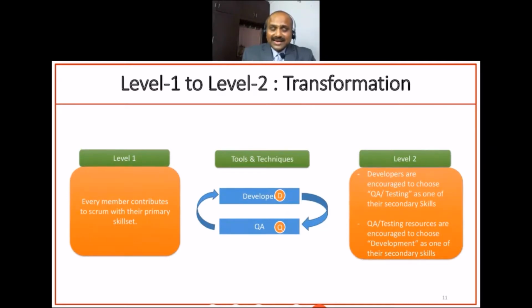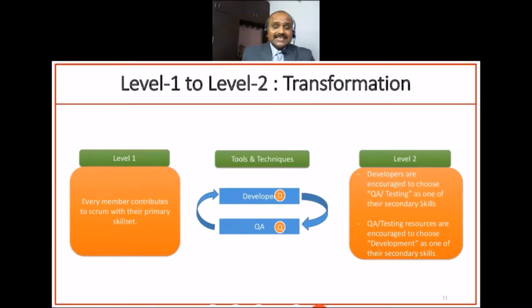So with that coaching as the primary criteria, we have to encourage the developers to learn quality assurance as their secondary skill. Similarly, for quality assurance persons, quality assurance is their primary skill, but development is their secondary skill.